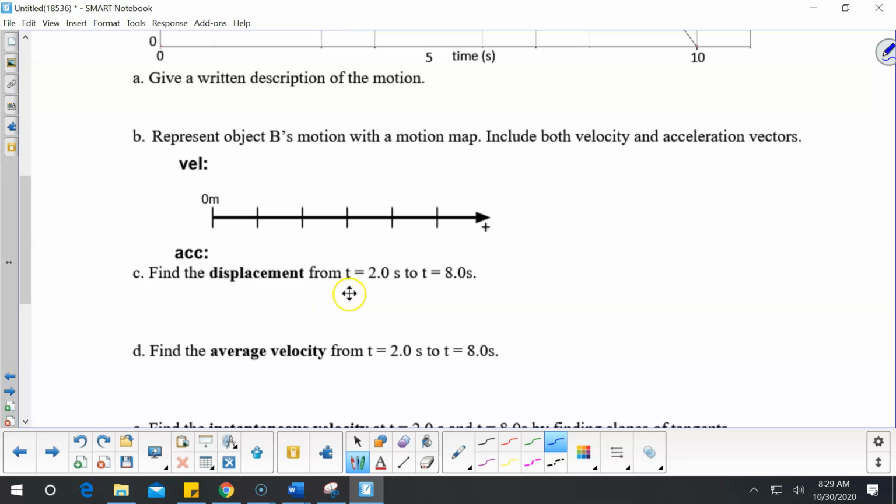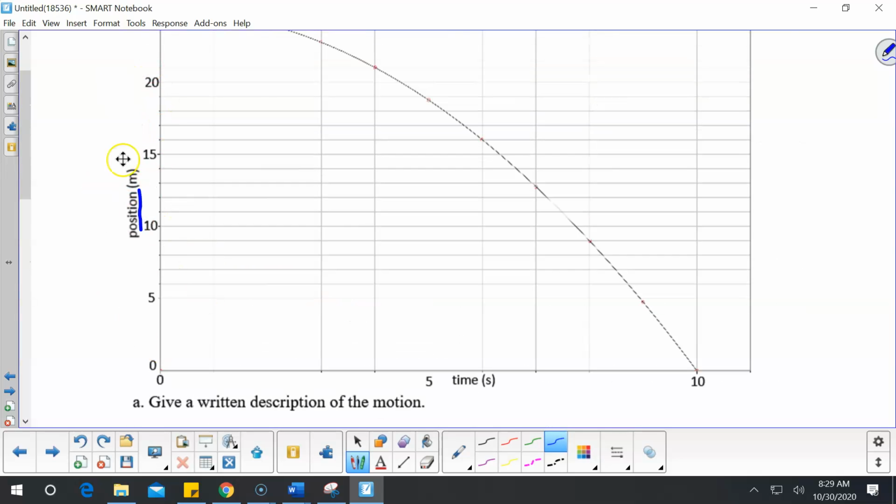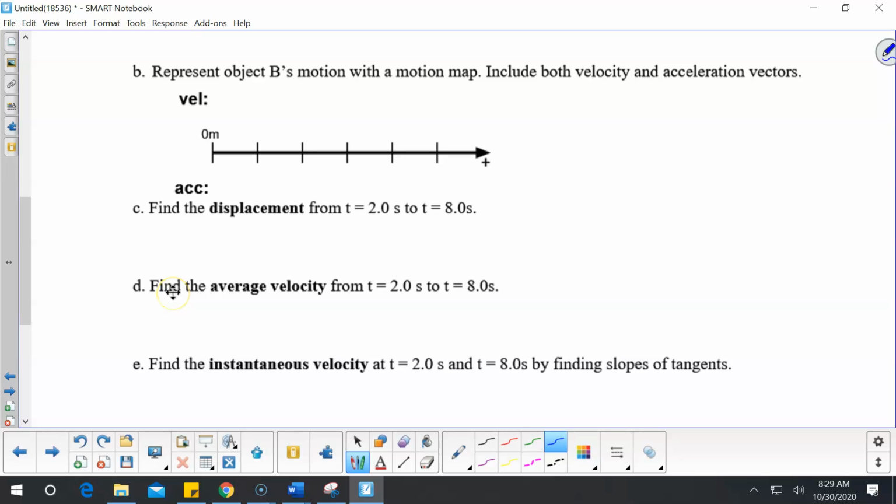Well, if you're going to find the displacement on a position time graph, you can just look at where it was at those times, and look at the change in position, right? Isn't that what displacement is, change in position? So this is the change in x, okay? To find the average velocity, we should know how to do that. That is the change in position divided by the change in time, right? That's the average velocity.